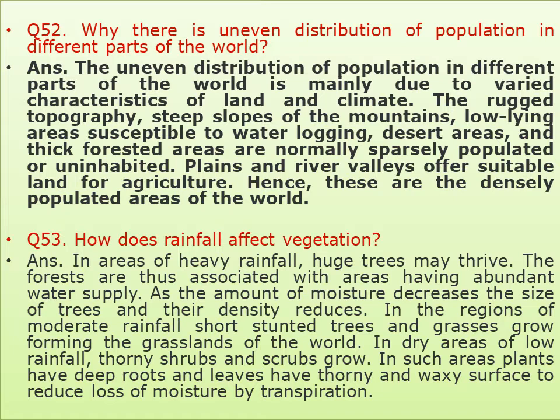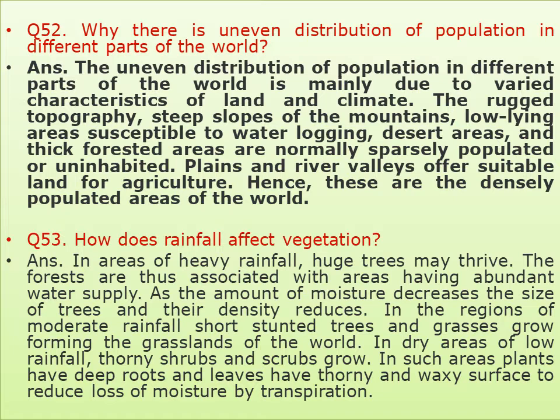Question number 53. How does rainfall affect vegetation? Answer. In areas of severe rainfall, huge trees may thrive. The forests are thus associated with the areas having abundant water supply. As the amount of moisture decreases, the size of trees and their density reduces.